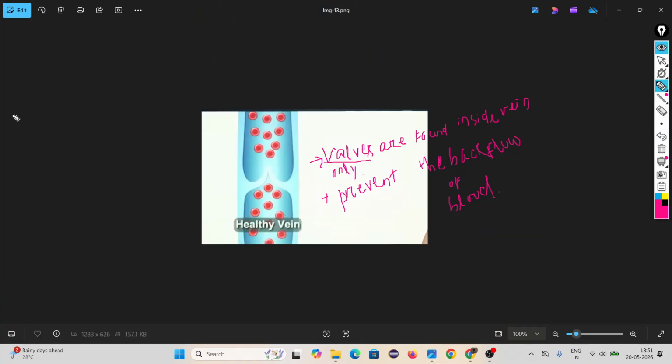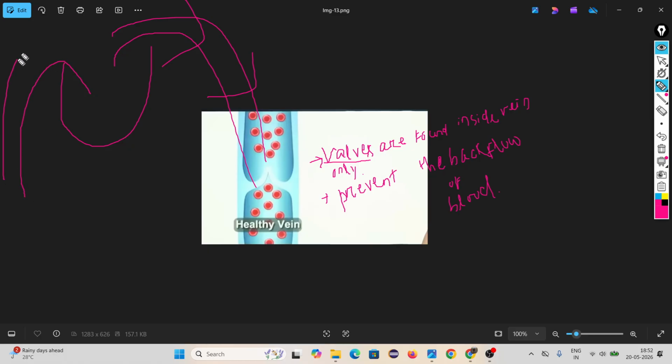Valves means, look, suppose this is our heart. The arteries carry oxygenated blood away from the heart. And this is vein. The vein is carrying blood towards the heart. The oxygenated blood is sent through arteries by creating pressure.